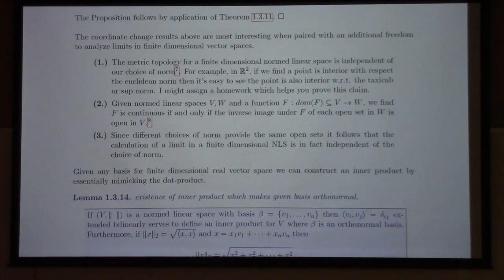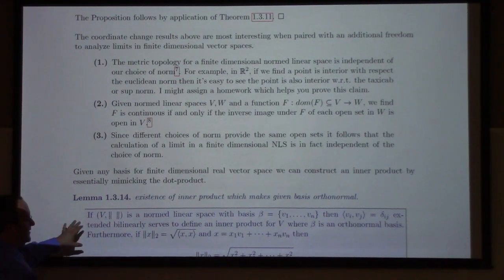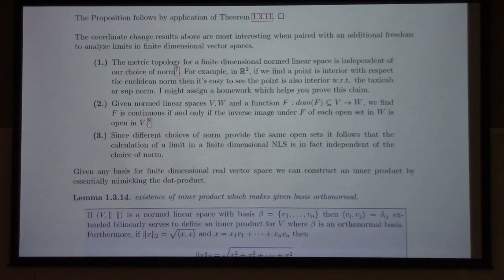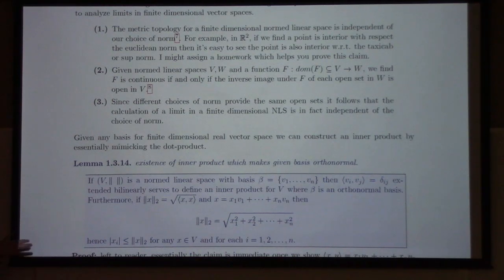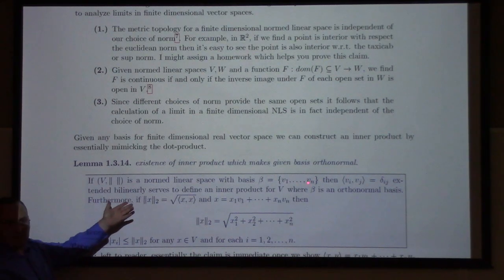This is very freeing because it means I can just construct a norm that has a nice property. So this is a way to construct, if you give me a vector space, an inner product on it and hence a norm using this standard trick here. So you give me a finite dimensional vector space with basis v1 through vn.